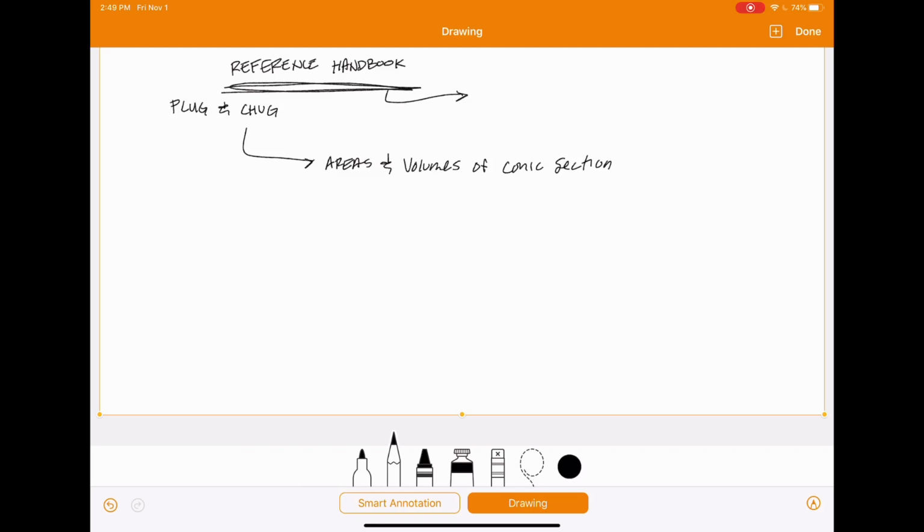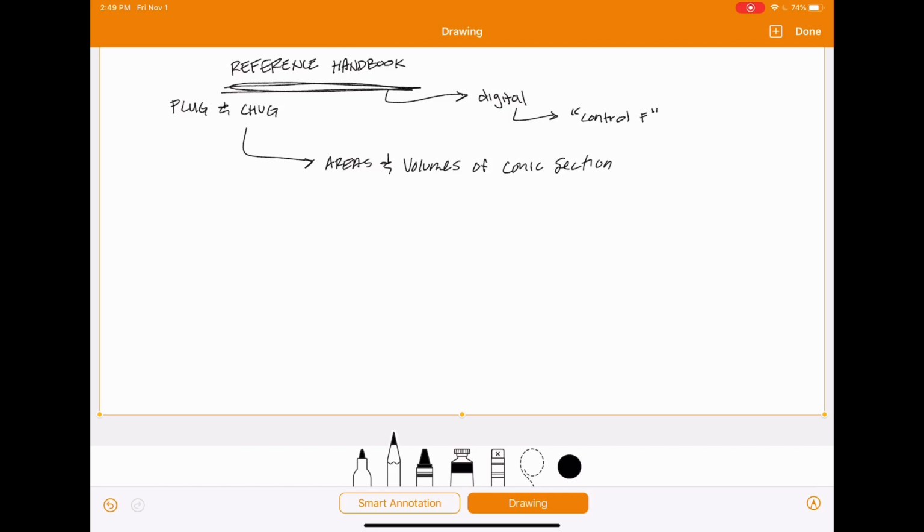Now, if you're taking the computer-based test, you're going to have a digital copy of the reference handbook. So I would suggest practicing with the digital version rather than using a hard copy version. And you do have access to Control F when you're taking that exam, so you can look things up.